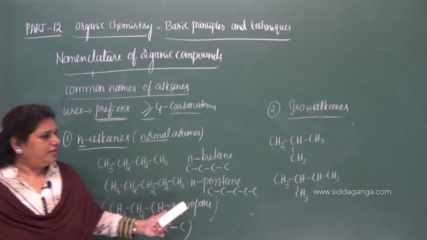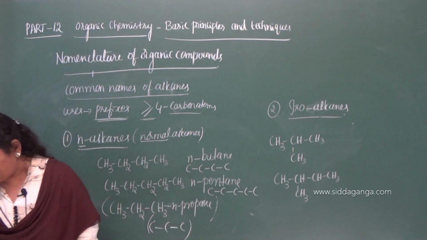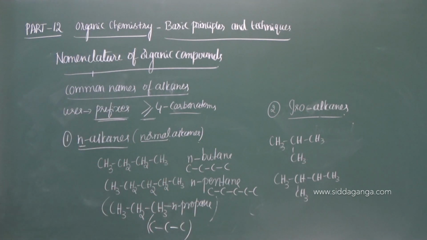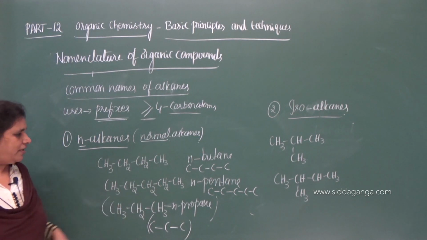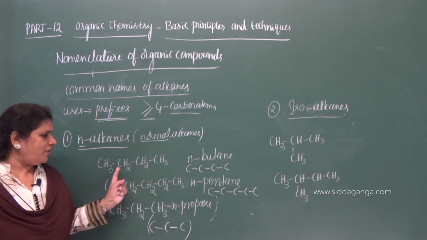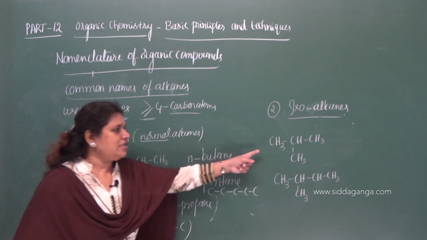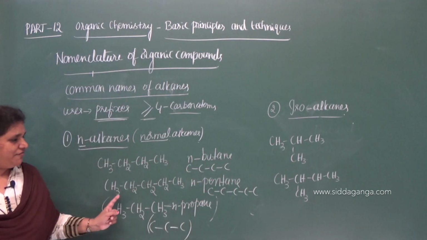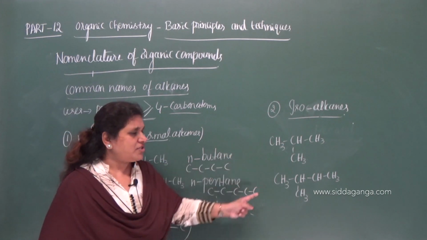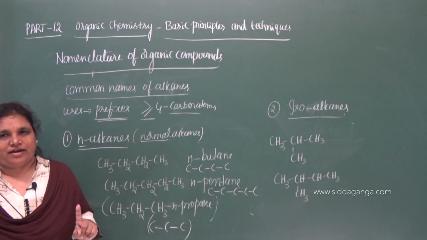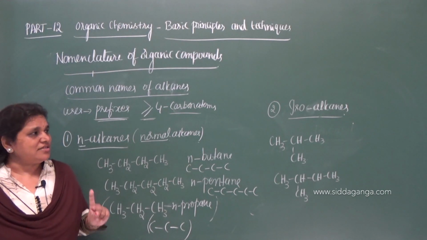I have written the pentane in this way. The molecular formula of both the compounds is the same. Look at the molecular formula: C4H10. This is also C4H10. This is C5H12. This is C5H12. But the nature of the carbon chain is different.